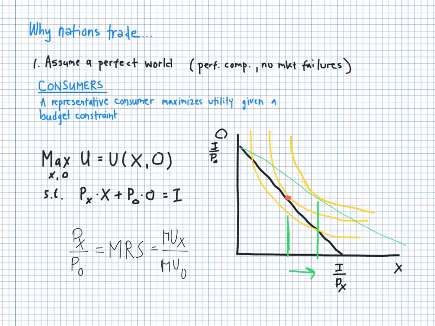So the point here being is, as the relative price changes, your demand for the X good will change as well. And that's something that I want you to spend a little bit of time on.